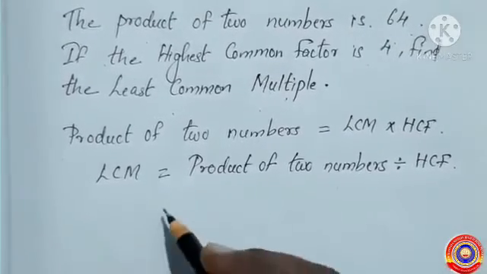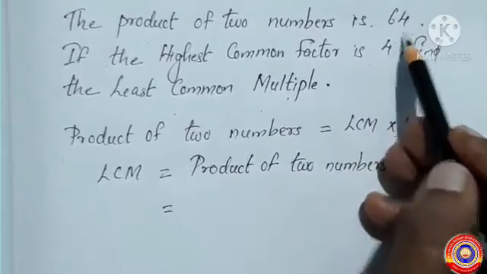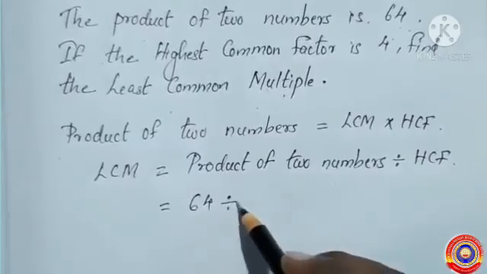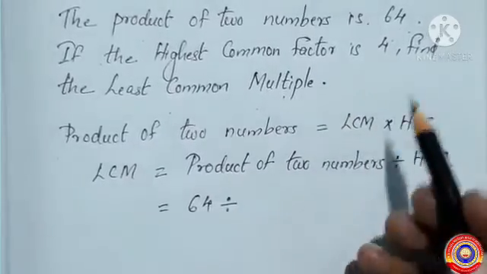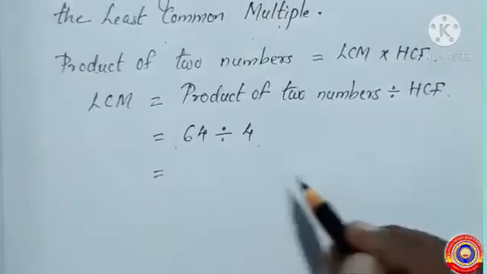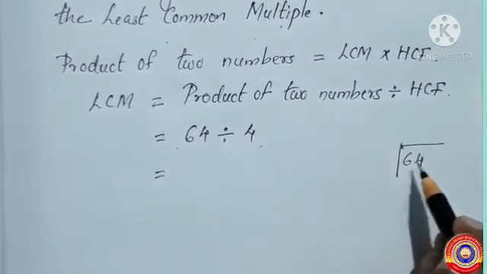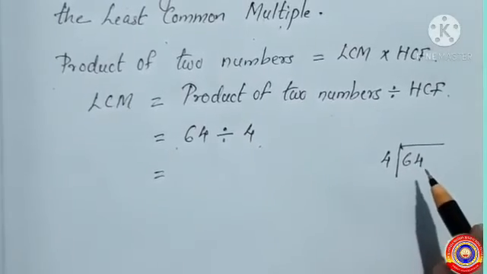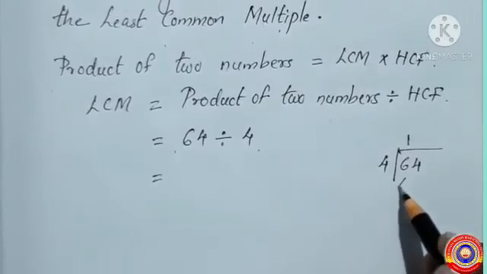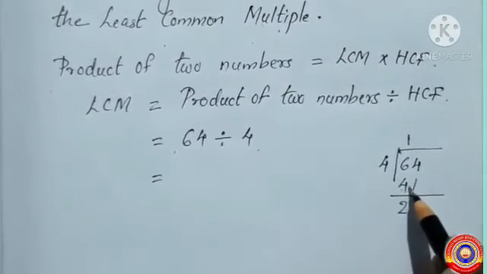The product of two numbers is equal to 64 divided by HCF 4. Then divide 64 by 4. First divide 6 by 4. How many times? 1 time. 4 into 1 equals 4. 6 minus 4 is equal to 2.